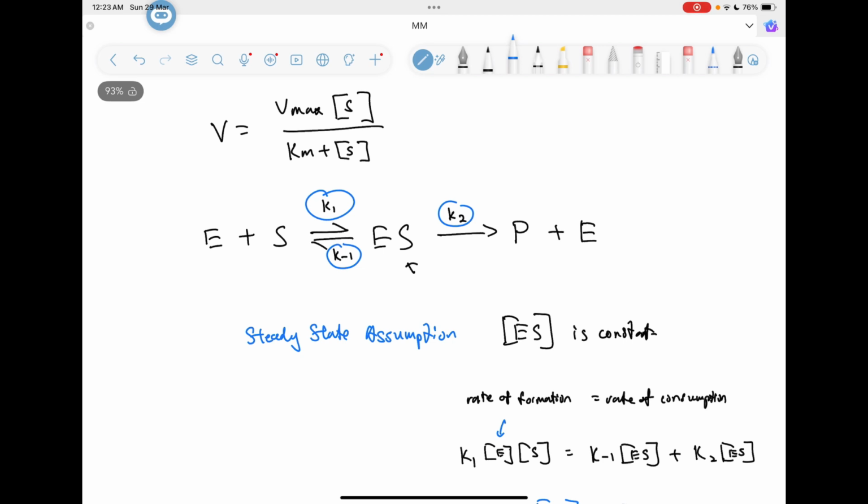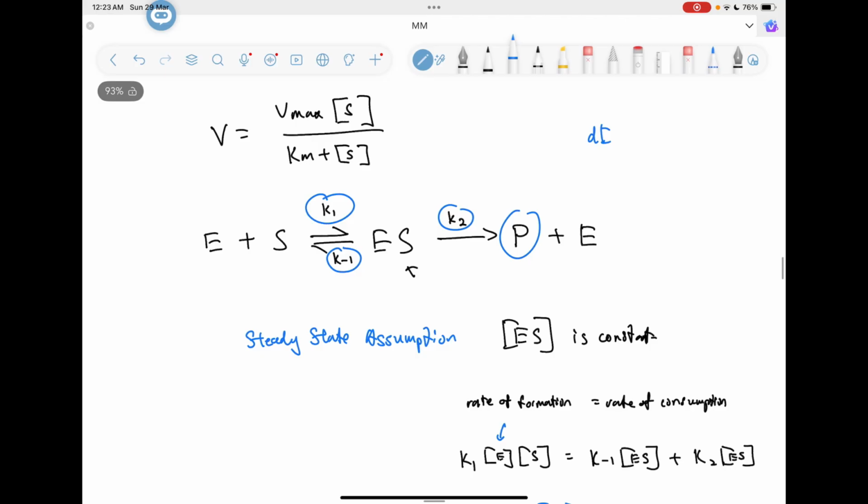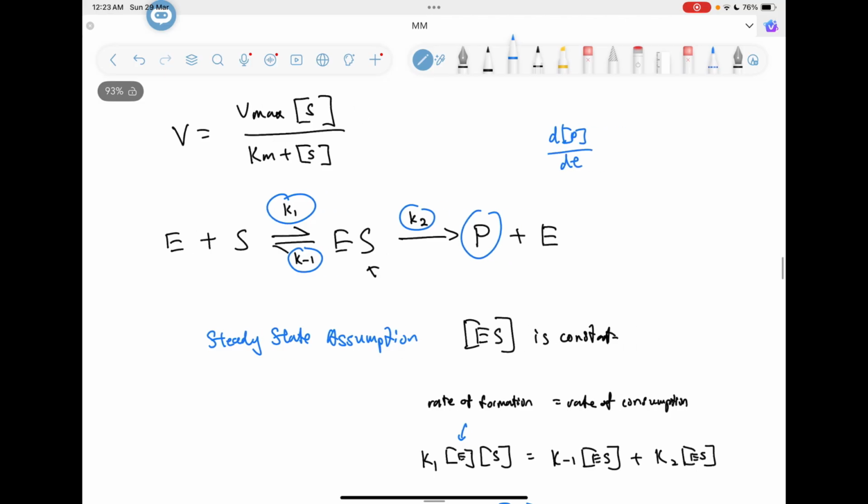The rate of reaction is measured by the product formation, so dP over dt, which is the rate of product formation, will thus be equal to K2 ES.